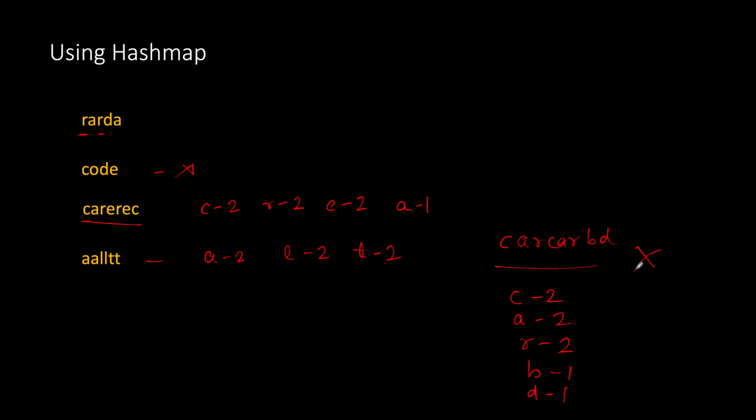Hence it cannot form a palindrome. So if we form a hash map and iterate through it to see how many elements are present an even number of times and how many an odd number of times, and we find more than one element present an odd number of times, then that string cannot be formed as a palindrome. Otherwise, it can be formed as a palindrome.